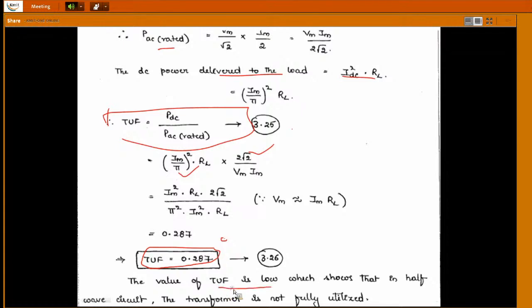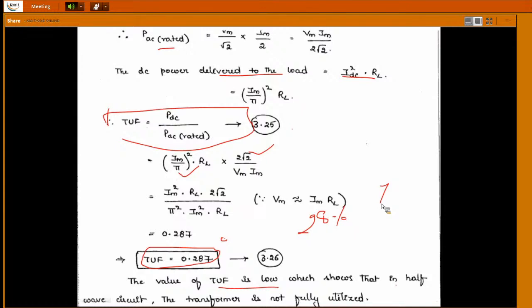The value of TUF is low, which shows that in the half wave rectifier circuit the transformer is not fully utilized. In percentage, only 28% of the transformer is being used. That means the remaining 72% is not used, wasting the power of the transformer.